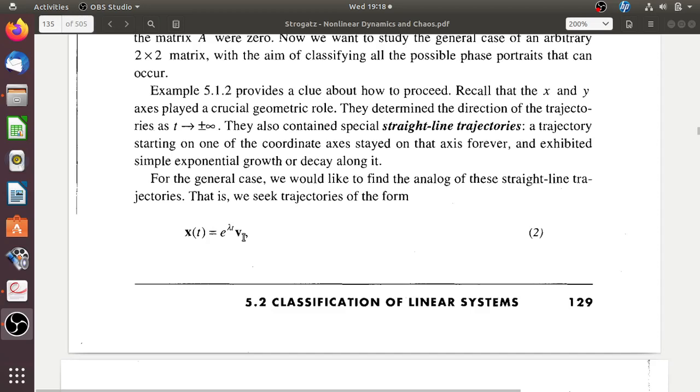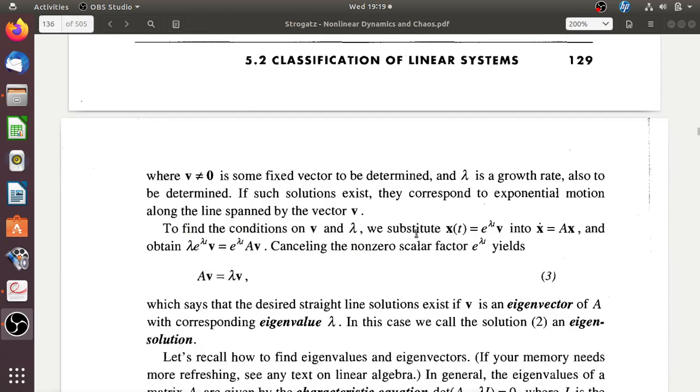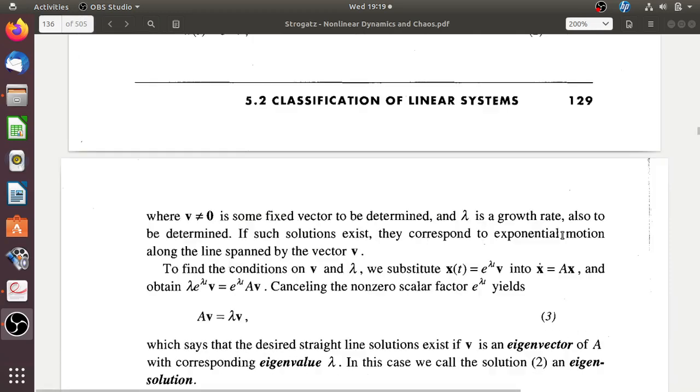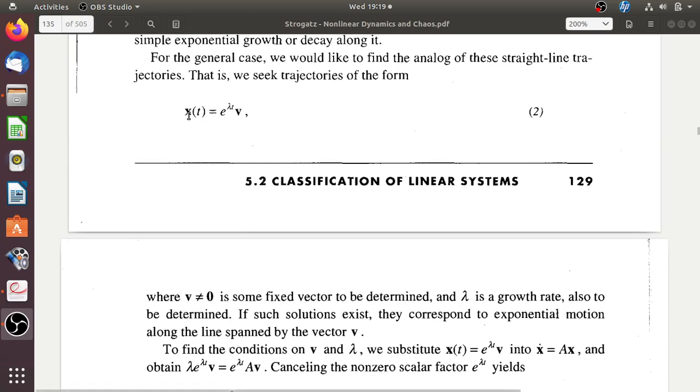Now if this is our consideration, then let's use the system of equations which we are trying to solve, and put this consideration into it. So in the place of x, if I use this, what I will get is e to the power of lambda t A into v.